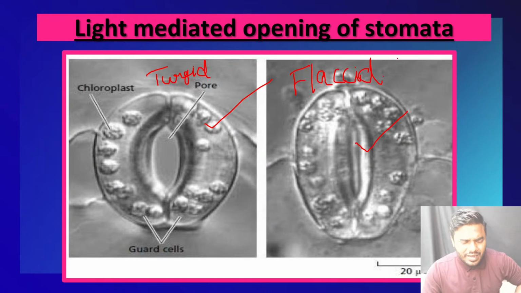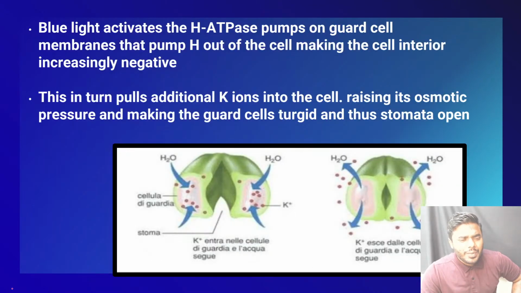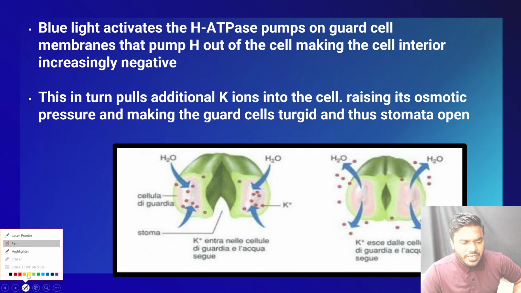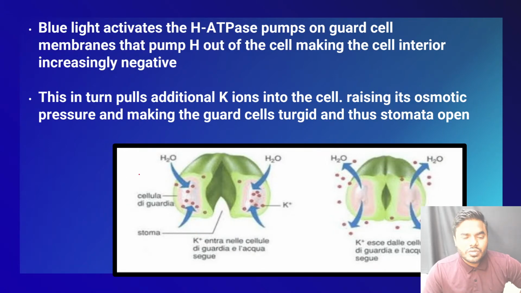Just simple. Now you can ask me, how does turgidity occur? How does flaccidity occur? We all know, we are reading from the 10th standard, exclusively because of the potassium. Majorly potassium, water, chlorine.